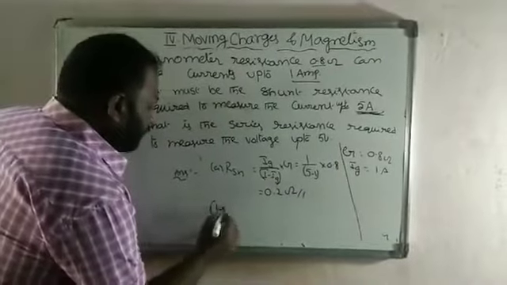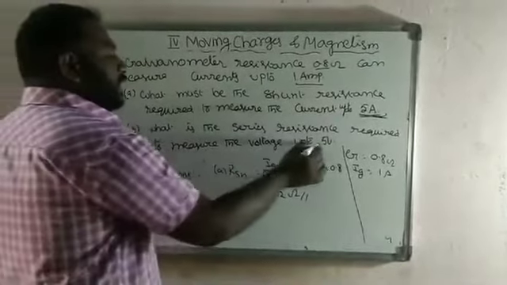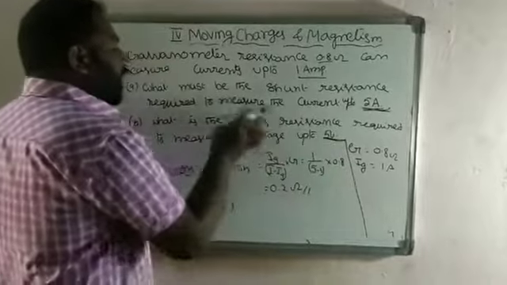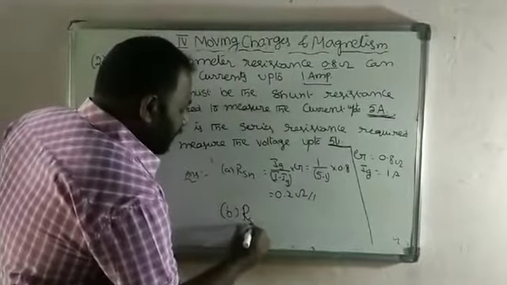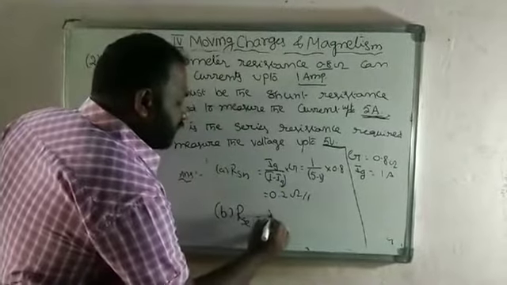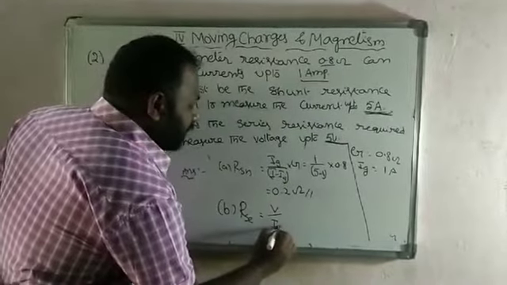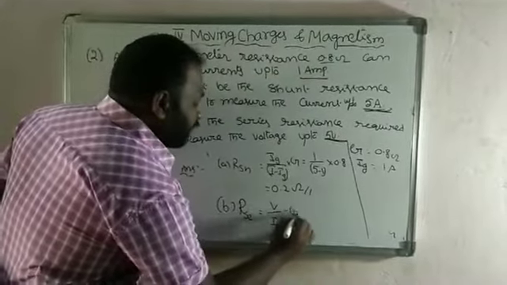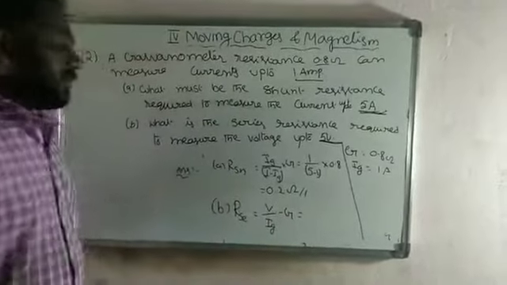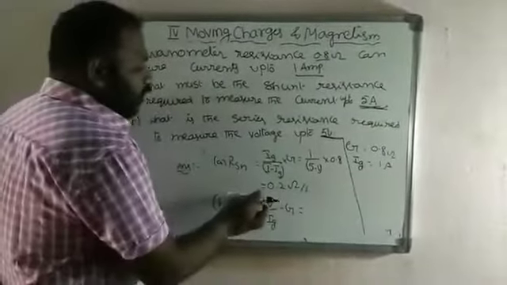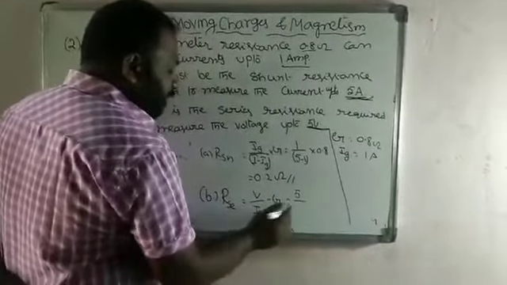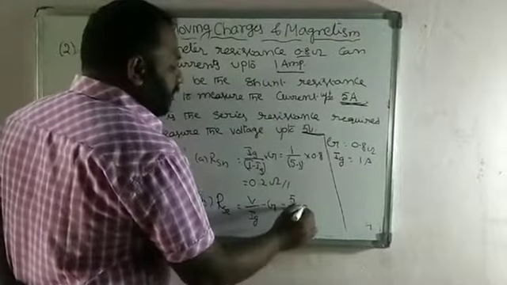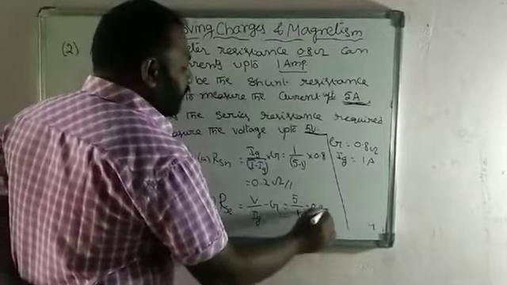Next, the second question is, to measure voltage up to a 5 volts range, how much resistance is connected in series? Here the formula is RSE equal to V by the full-scale deflection of the galvanometer, minus the resistance of the galvanometer. 5 divided by the galvanometer current, 1 ampere, minus 0.8.